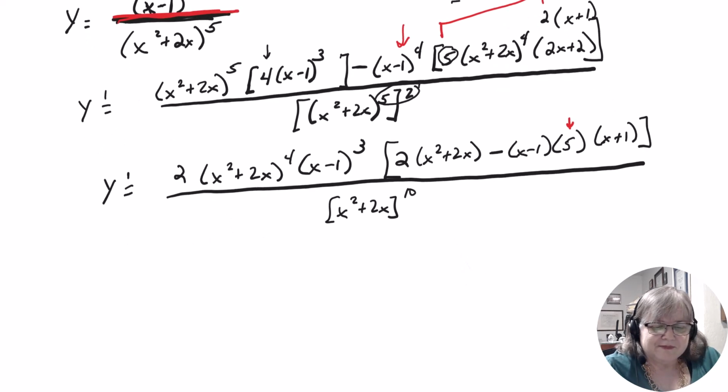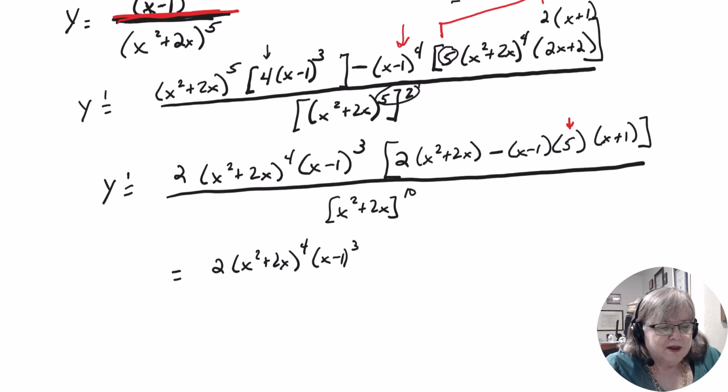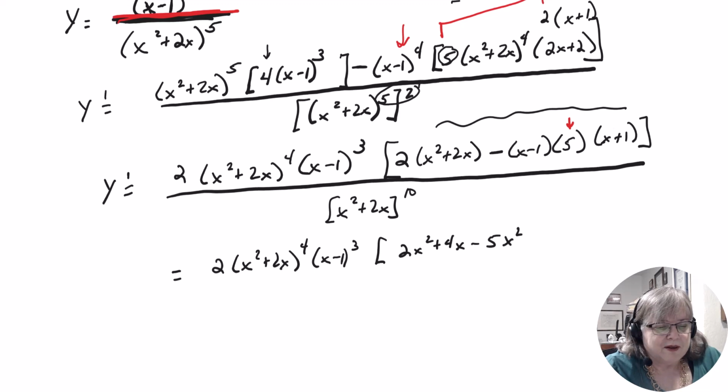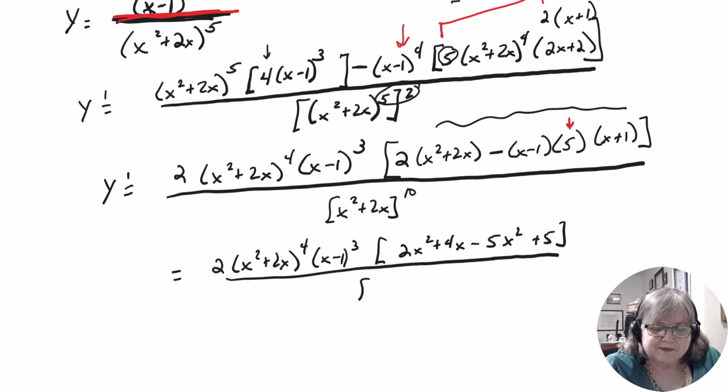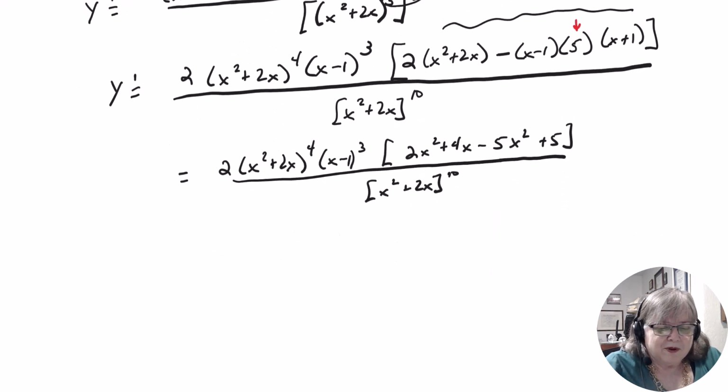Okay, so you have 2 times x squared plus 2x to the 4th times x minus 1 cubed. And when you clean all of this up in here, right, you would have 2x squared plus 4x minus 5x squared plus 5 all over this. A little bit more.